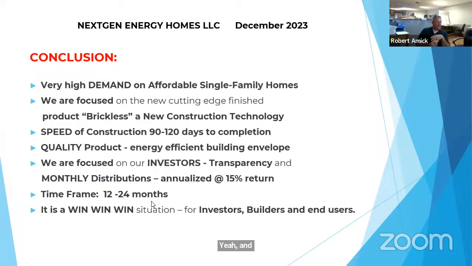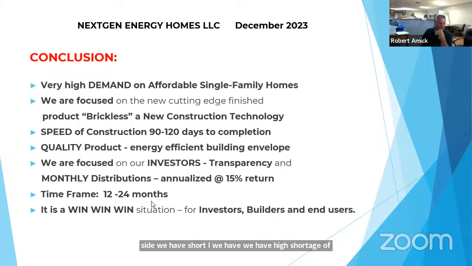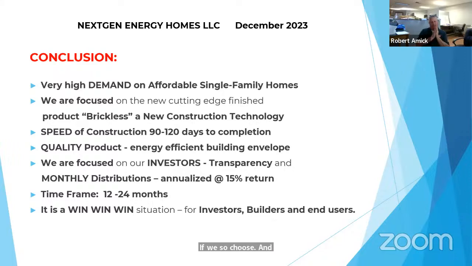So not only the build-to-rent community side of it, the ones that aren't pre-sold, we also have the ability to sell them to an end user as well, if we so choose. And basically, we're just laser focused on the new cutting edge of the finished product, having this type of construction and it withstanding storms the way it does.